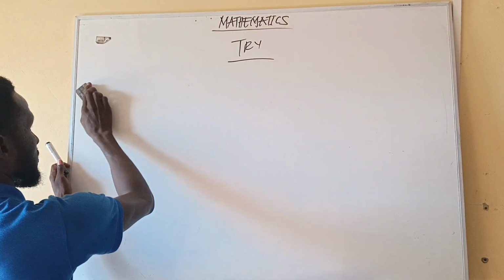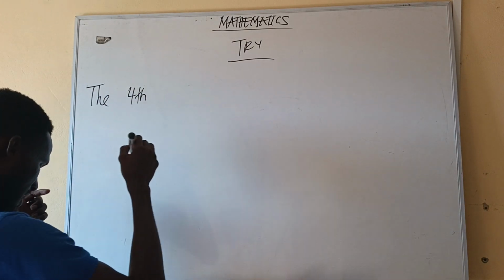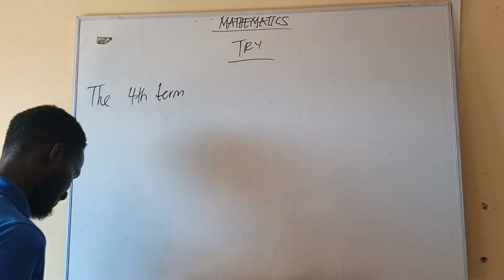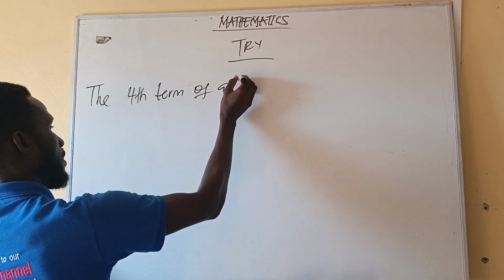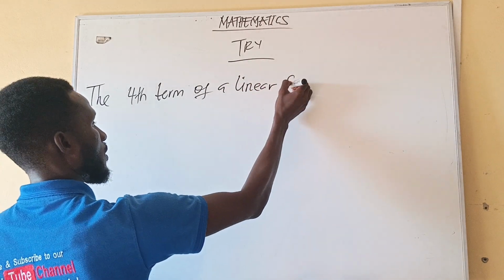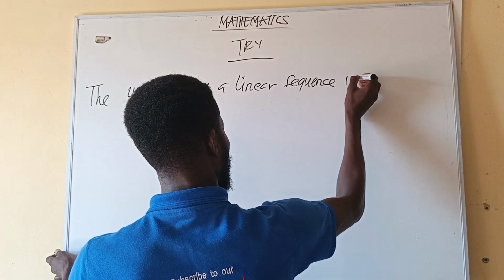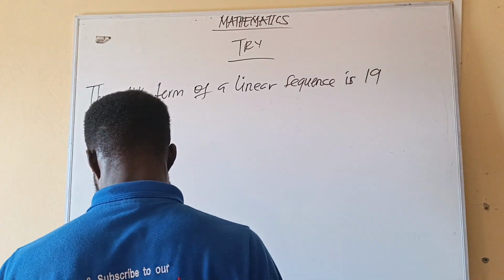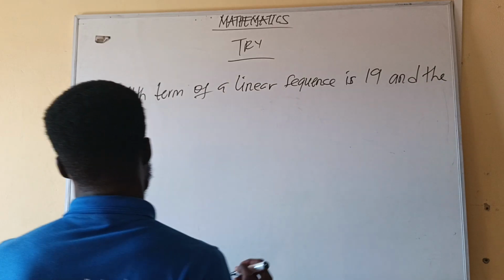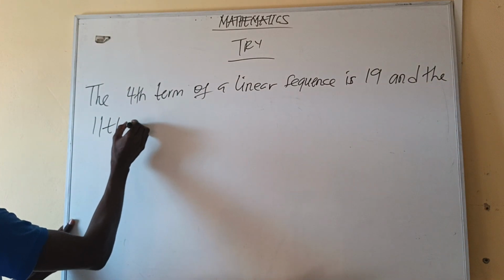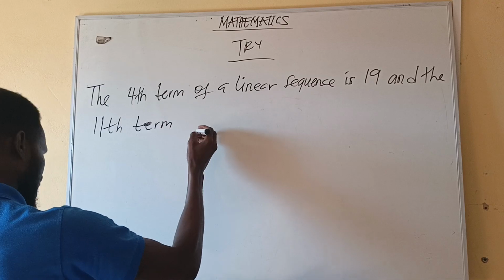The fourth term and the 11th term is 54.